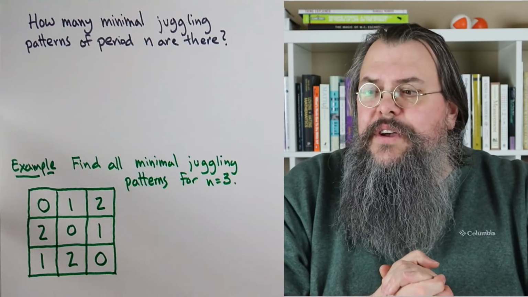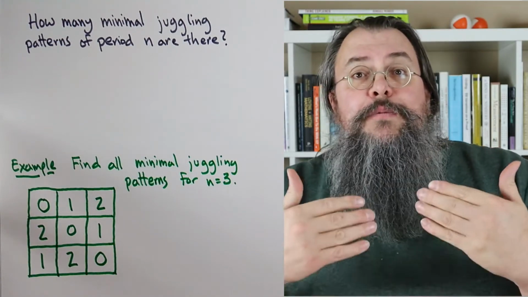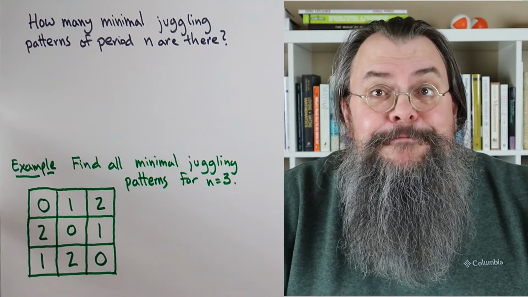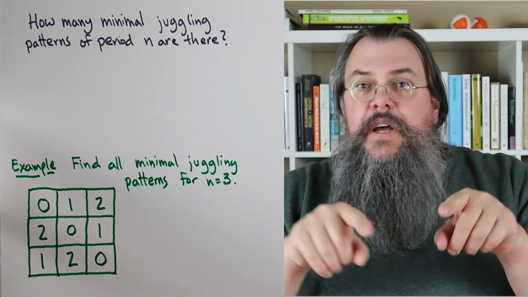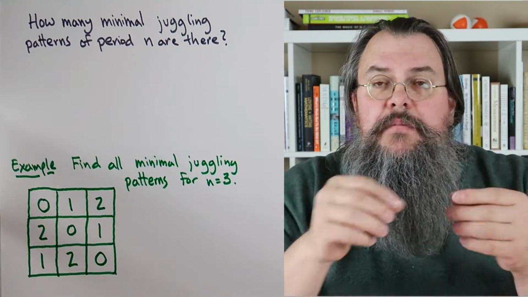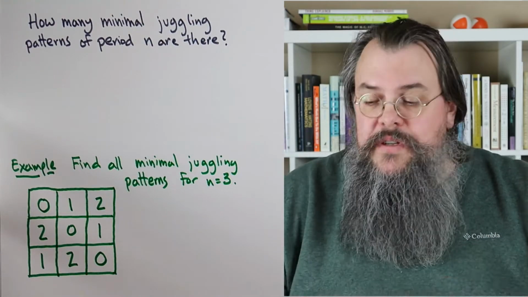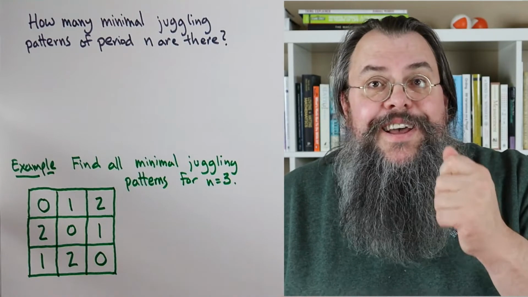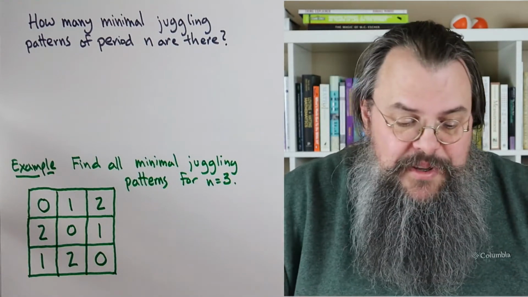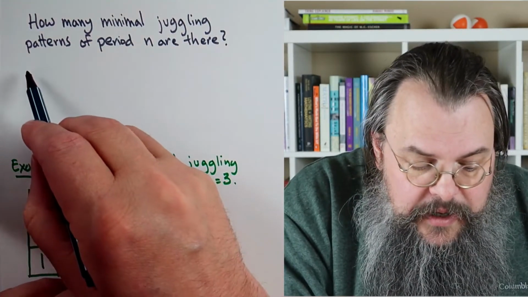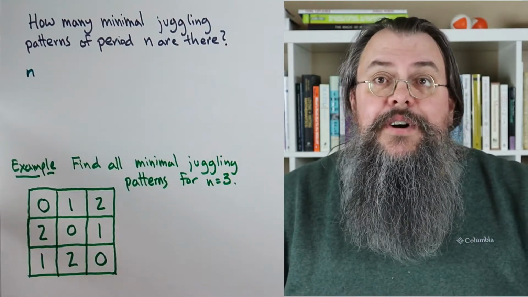We start thinking to ourselves, okay, well, what we'll do is we'll put the rooks down one at a time. So in the first row, there's no problem. Pick any place you want. Great. I have n options, which means that when I put my first rook down, I have n possibilities. Okay, good. Well, what about my second rook?